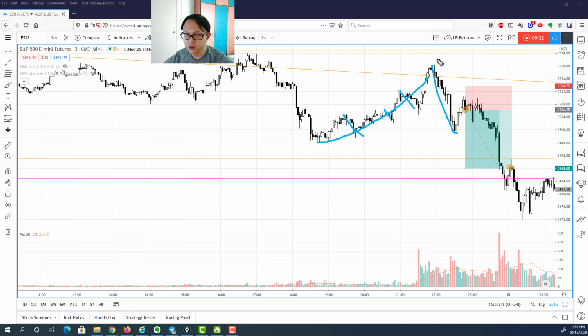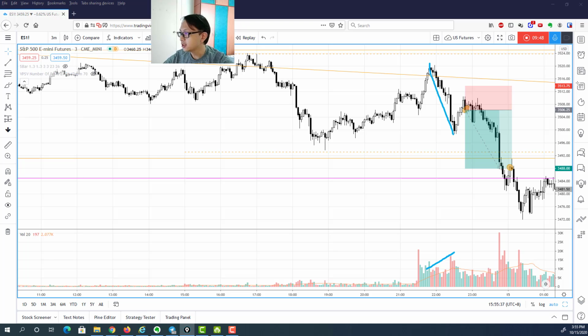This is how I base my thesis. Especially when we see the increasing of the supply with this kind of down move, I want to first establish my bias. So I'm in the bear camp at the moment, because the increasing supply together with the downswing switched my bias to the bearish camp.